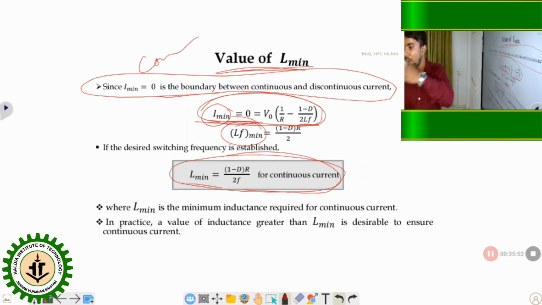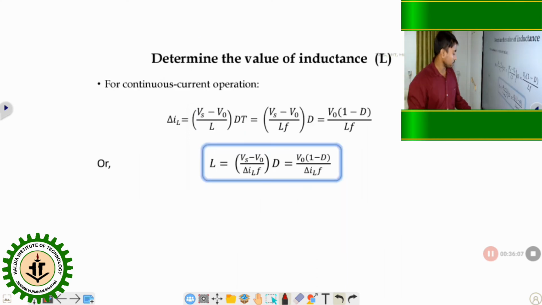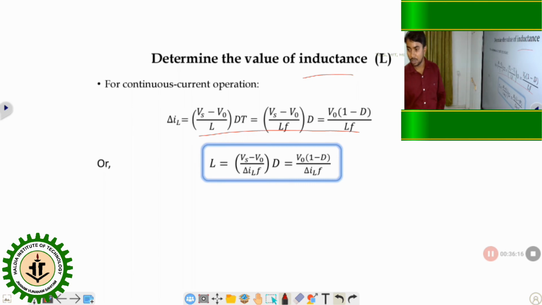And then the determination of the inductor L minimum. I just put here this equation with I minimum value equal to 0, then we can calculate the L. From this L, you can see F is the frequency. If we increase the frequency, the value of the inductance will decrease. That's why in DC-DC buck or boost converters we operate at a high frequency. Why?